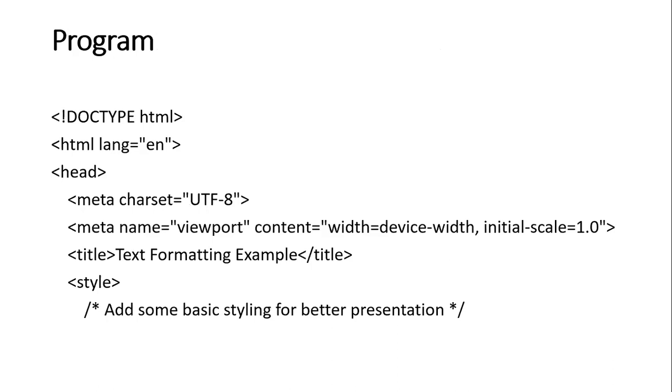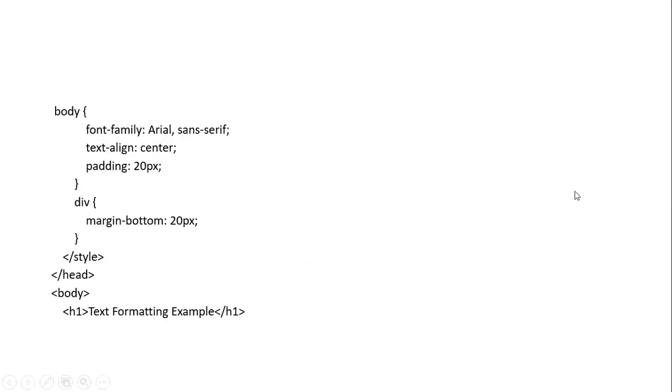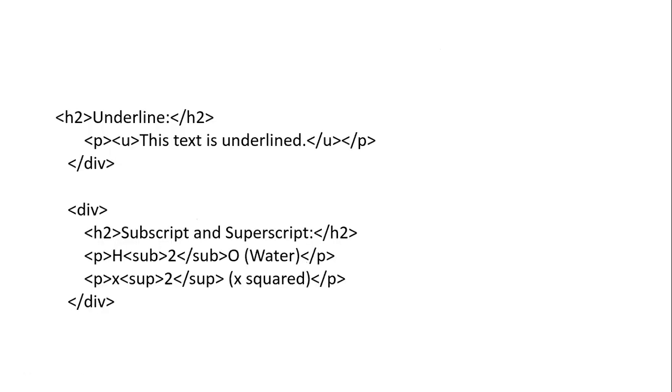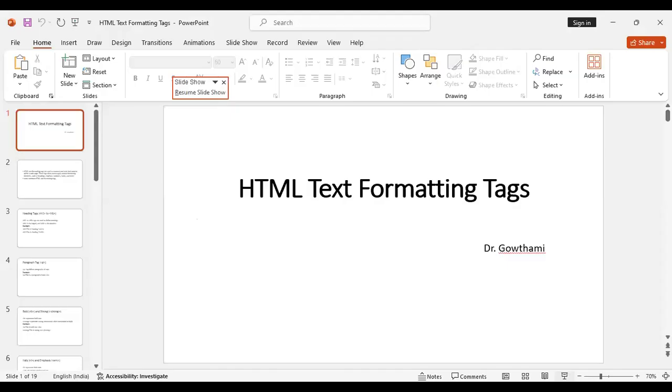So here is the program. Let's run the program. I have typed the program here, and I have to save it. So you go to File, Save.